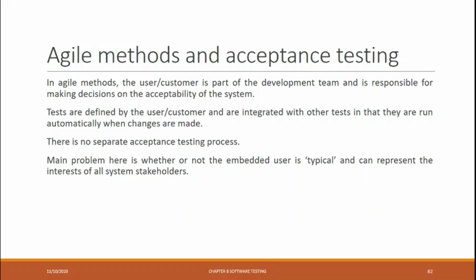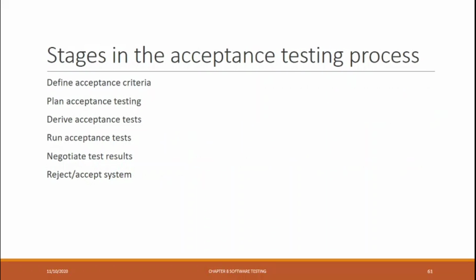So there is one stage, define acceptance criteria. This step ideally takes place early in the process, before the contract for the system is signed. The acceptance criteria should be part of the system contract and be agreed between the customer and the developer.